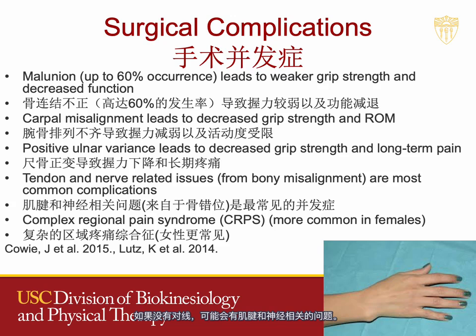Other complications, there could be some tendon and nerve related issues if it's malaligned. So those of you who remember your anatomy, the median nerve is going to travel through the carpal tunnel, right? But then the ulnar nerve travels around Guyon's canal on the ulnar aspect of the anterior part of the hand.